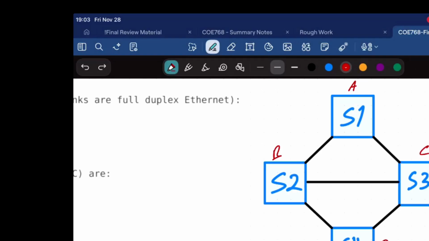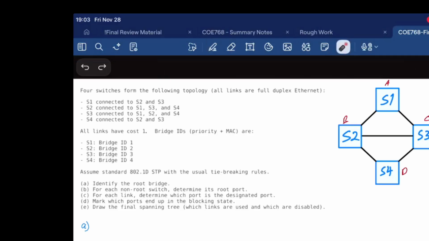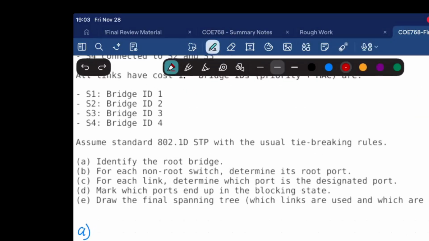Just give me 1 second. Okay. Yeah. So here, given that we can clearly see which of the switches has the lowest MAC address, we can clearly state that switch 1 has the lowest MAC address.